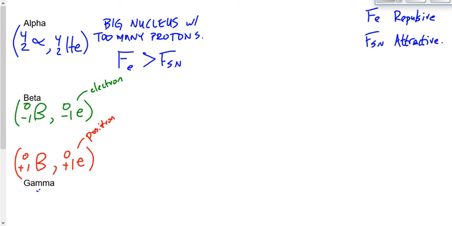Now, beta negative decay occurs not because we have too many protons making the forces not work out, but because we have too many neutrons. Now, it's not a force thing.